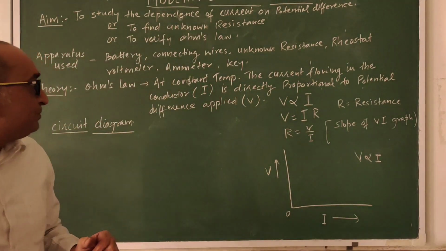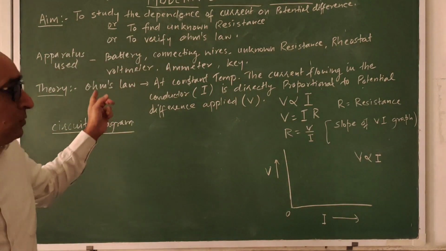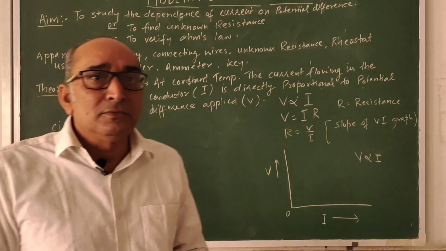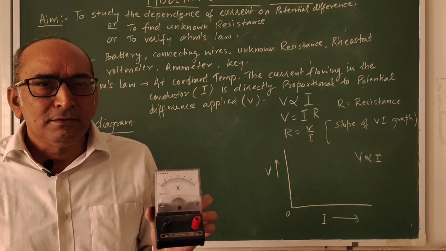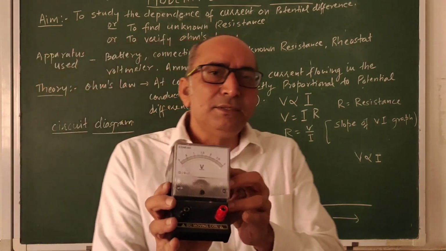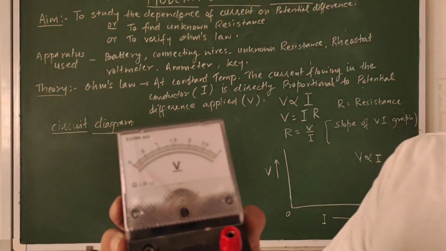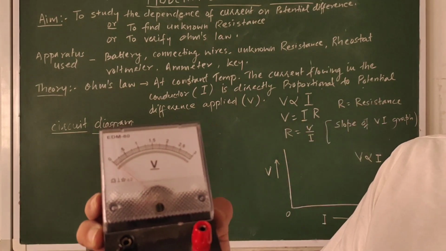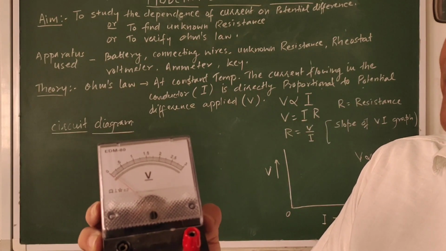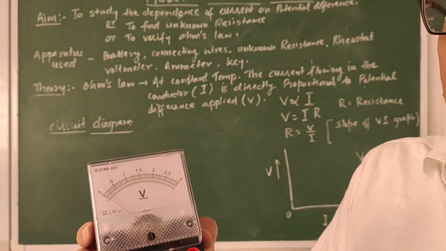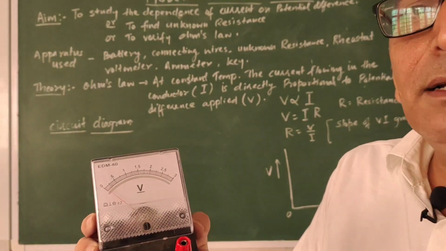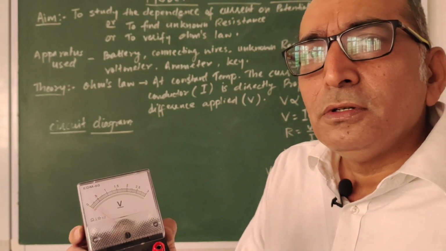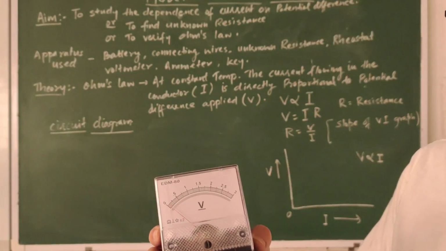The next is voltmeter. It is going to measure the potential difference. So this is voltmeter. On it, you have a needle, pointer, and there is a scale on it. For taking the reading from any scale, we should know the least count of that scale.